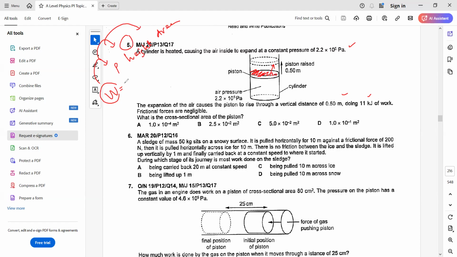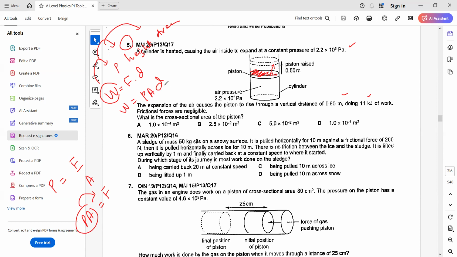We can start with force times displacement, right? Instead of writing force, I can write pressure times area, reason being, we know P equals F over A. So F is going to be P times A. Instead of writing F, I can just substitute it like this. That gives me pressure times area, and that equals work.